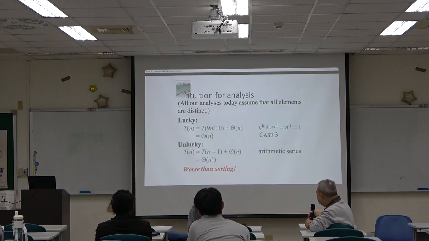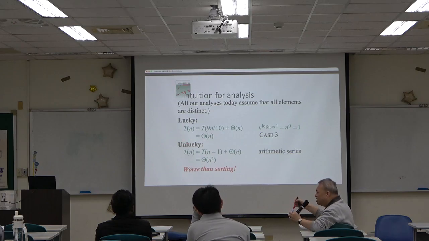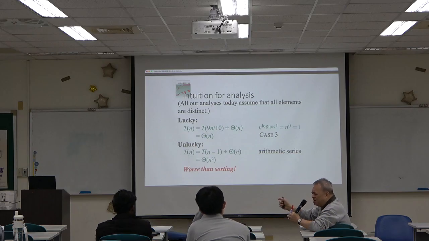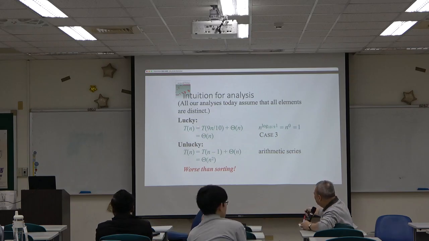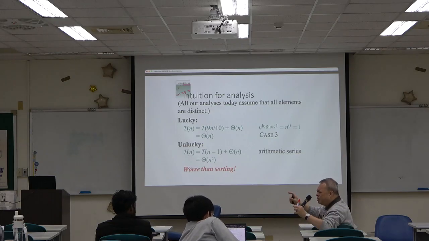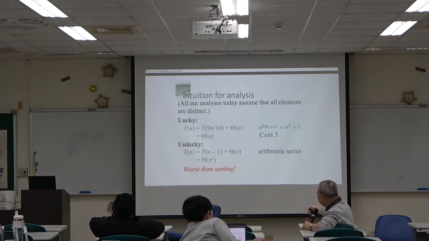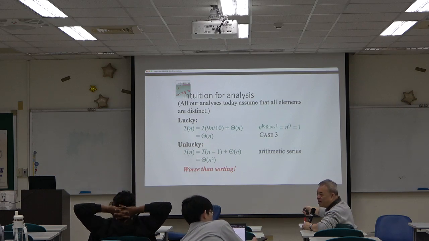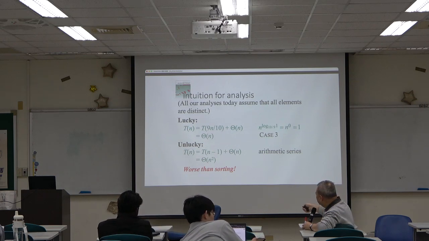If we are lucky, say every time we select a pivot, it is able to break the numbers into a certain ratio with a guarantee, for example 1 to 9, then the time complexity becomes something like this. So it's going to be linear.